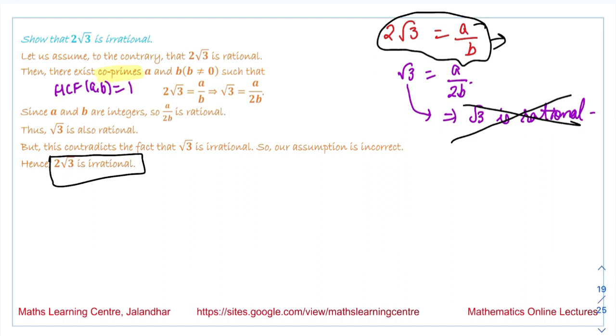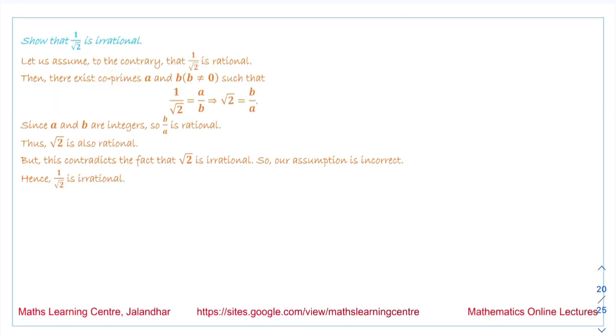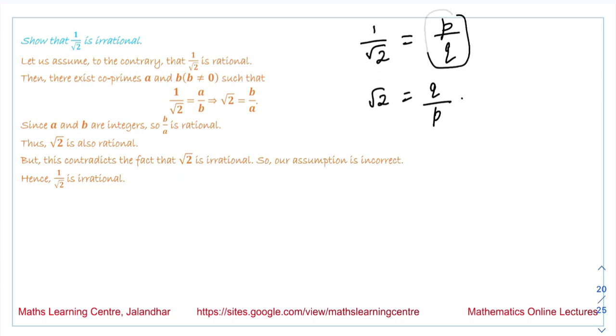Now next we have to prove that 1 by root 2 is irrational. So suppose 1 by root 2 is rational, then we have the form p by q. P and q are integers. Q is not equal to 0 and HCF of p and q is 1. Then we are saying that root 2 will become equal to q by p. Now if 1 by root 2 is equal to p by q, what we have from this is that p and q both are not equal to 0.